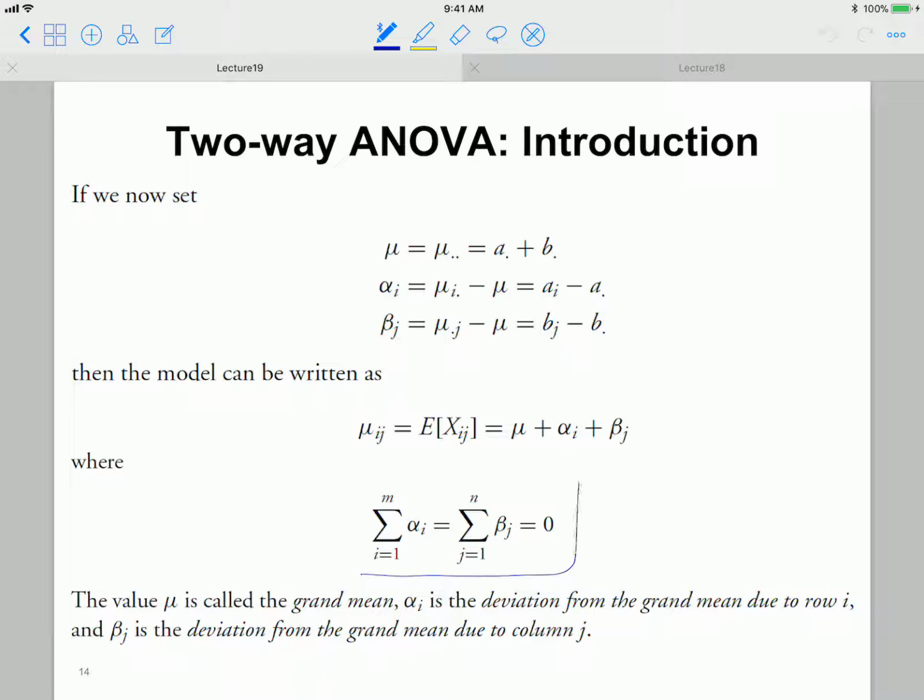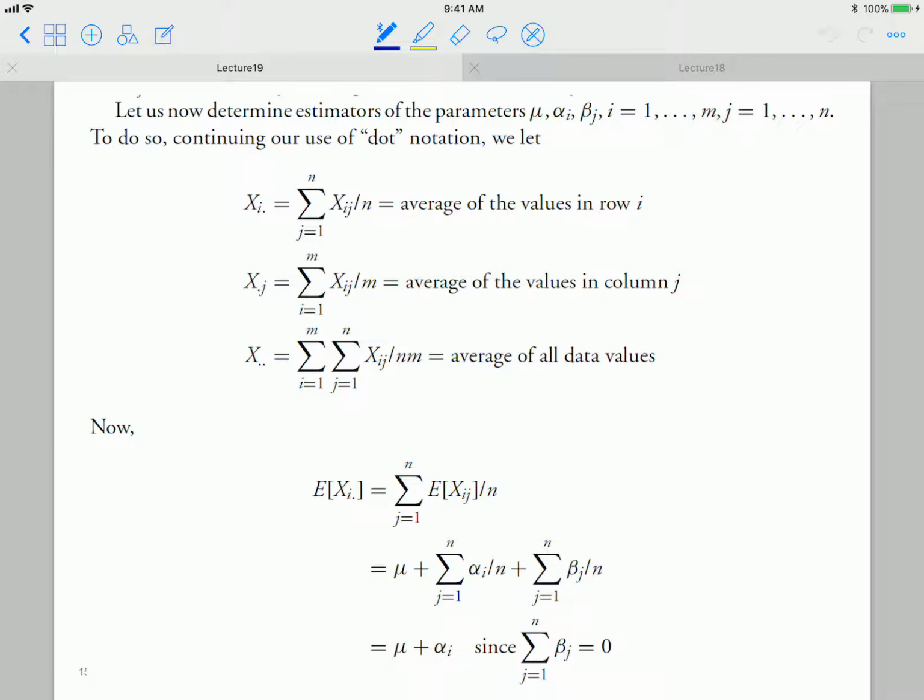Yep, so this is a useful fact that I just emphasized: the sum of alpha i's and also the sum of beta j's are all zero. And now let's think of the estimator for our true parameters mu, alpha i's, and beta j's in this case.